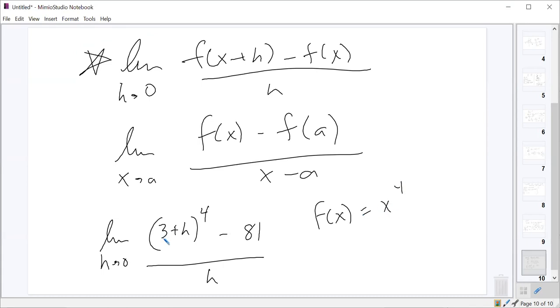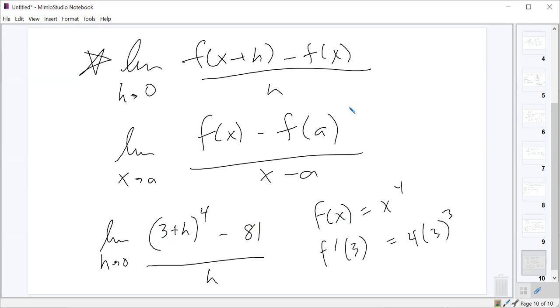I have an x value of 3 plus h to the 4th minus, if my x value is 3, 3 to the 4th is 81, right? And so this is f of x equals x to the 4th. This question is asking what is f prime of 3, so it's 4 times 3 cubed. They'll often do that, and they might do it with either form, so just be aware of that.